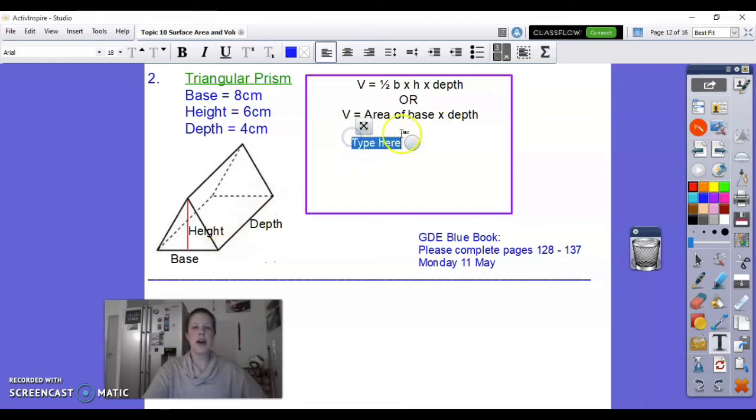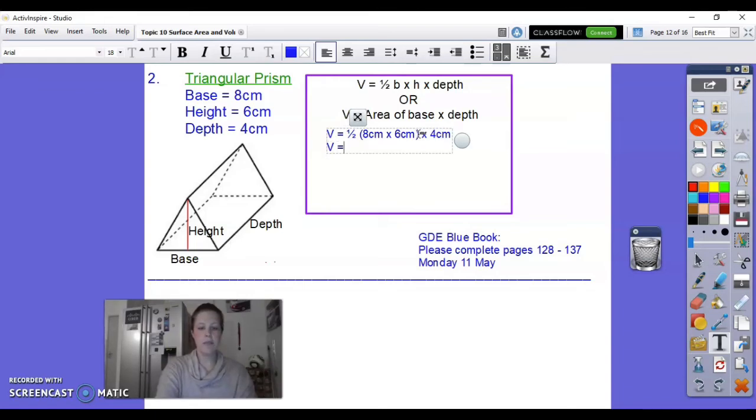So I can simply say that volume is a half of the base times my height times my depth. So I've got a half, my base is 8 centimeters, and my height is 6 centimeters. And I'm now multiplying it by my depth, which is 4 centimeters.